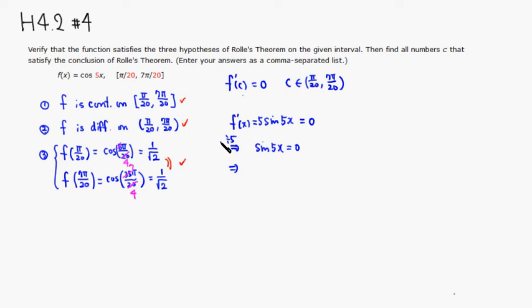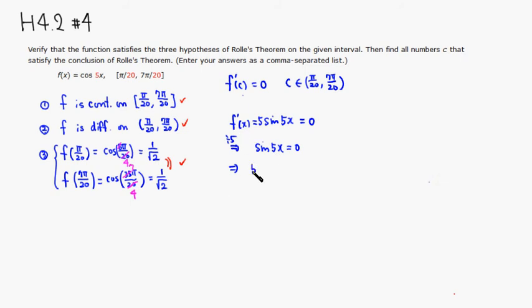We know that sine of 0 is 0, sine of pi is 0, sine of 2 pi is 0, sine of negative pi is 0, sine of negative 2 pi is 0. So if the angle is a multiple of pi, then it'll be 0.